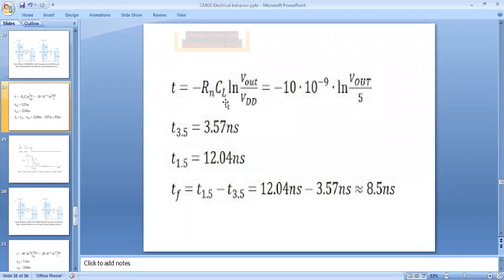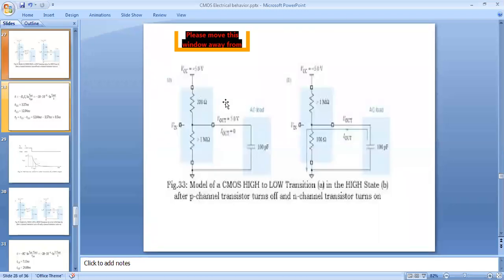Substitute the Rn and CL values. Observe the previous circuit. Rn is nothing but this one. Our current flows through here, since this acts as an open circuit, so we do not consider this resistance.